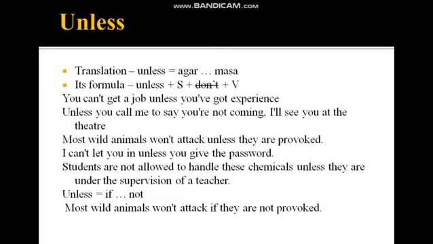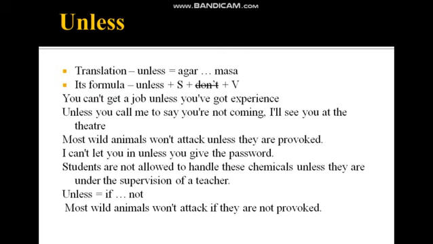And unless in our language sounds like agar namadar qilmasa, agar kimdir bilmasa, agar kimdir so'ramasa, bermasa, like that, okay? And its formula is unless plus subject plus verb. See, I am omitting not, like don't, or didn't, or won't, shan't, may not, this kind of thing, which means we cannot use not, because unless itself includes that not.